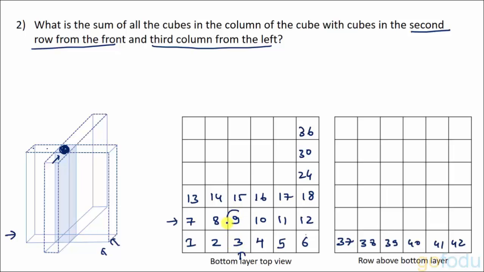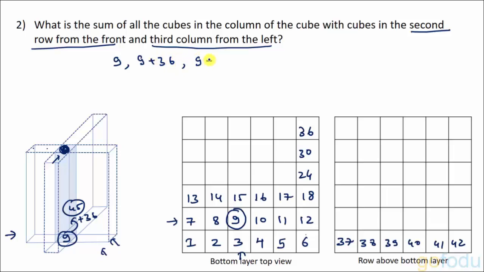So basically we are talking about this cube whose value is 9 and all the cubes above it. As we have seen, cubes above are at a difference of 36. So cube above 9 will be 9 plus 36, which will be 45. So it can be written as 9, 9 plus 36.